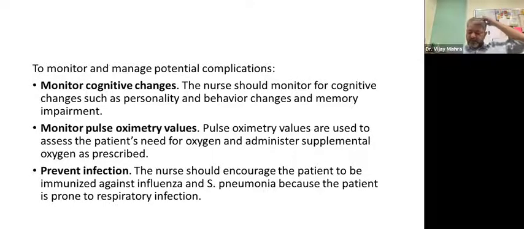Apart from encouraging airway clearance, at the time of discharge, or when they are well enough to leave the ward, the nurses should encourage the family and the patients to get immunized against the respiratory viruses and bacteria for which we have vaccines available. So they should get vaccinated so as not to get another respiratory infection and worsening of their chronic bronchitis. Next.